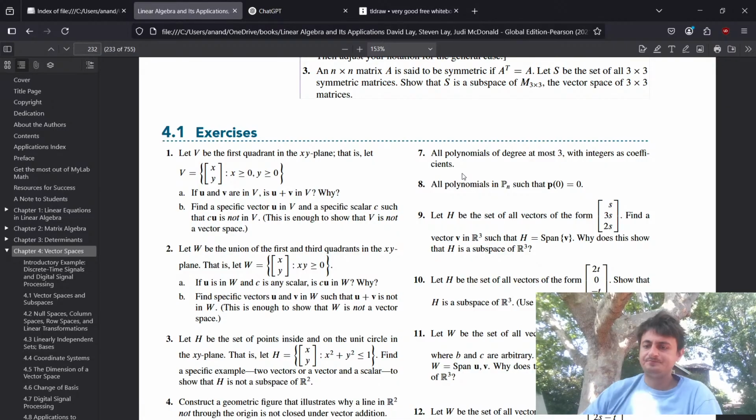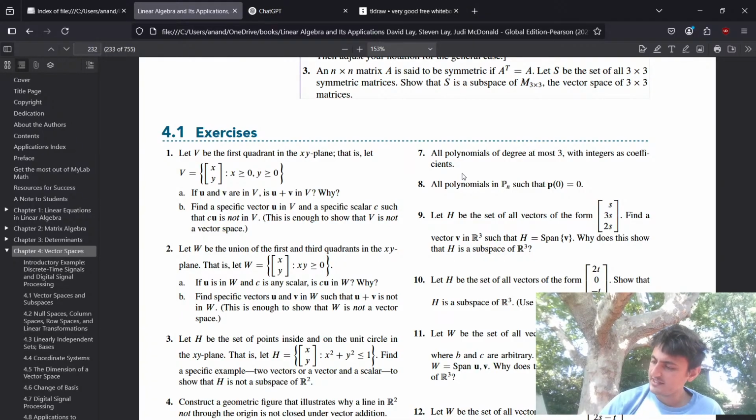This is going to be of the form a plus bt plus ct squared plus dt cubed, where a, b, c, d are in Z. Just take your coefficient e times p of t, where e equals pi or something random, then it doesn't stay closed under scalar multiplication.